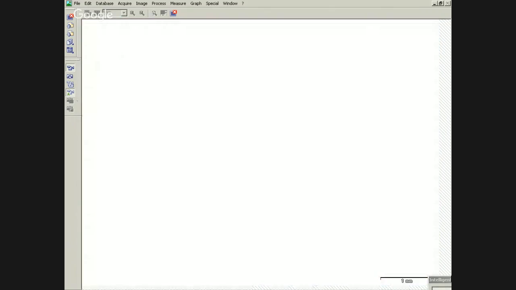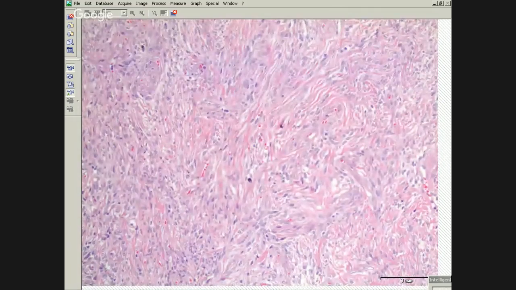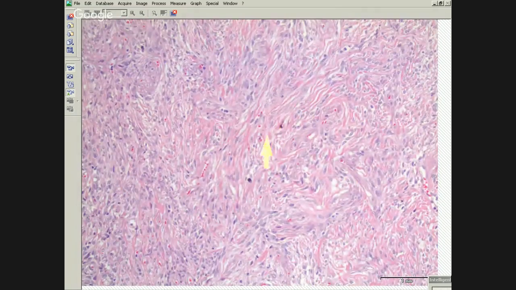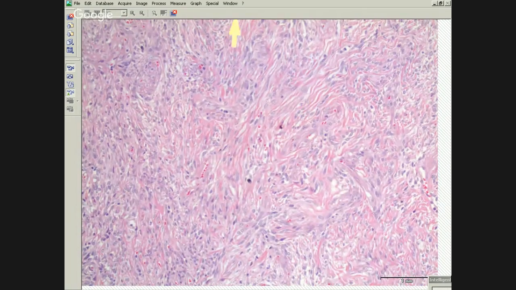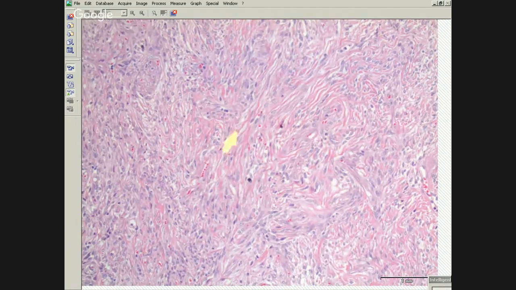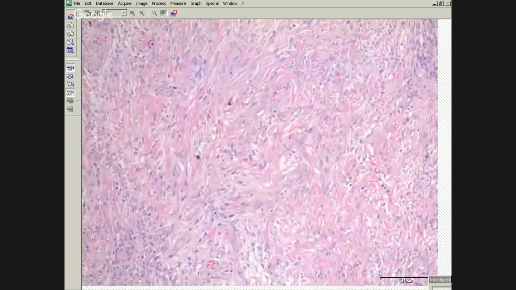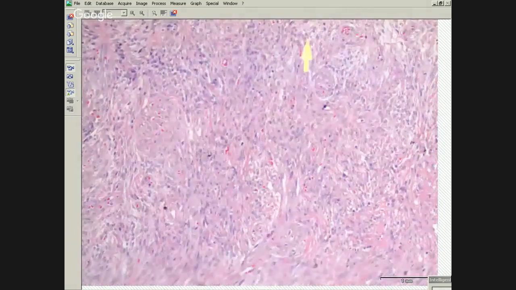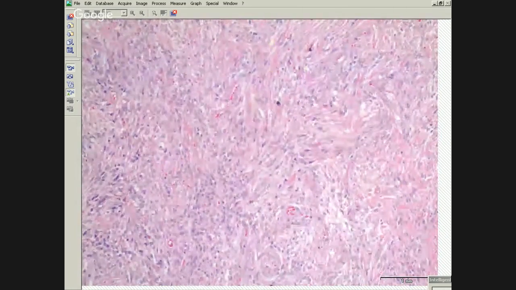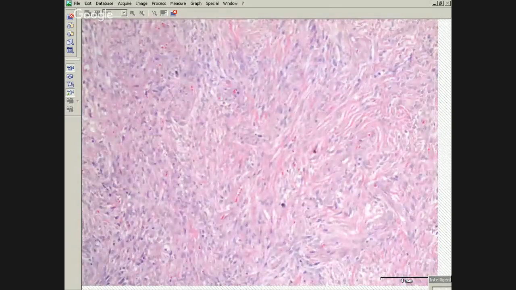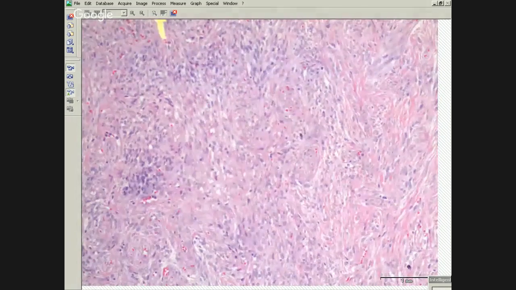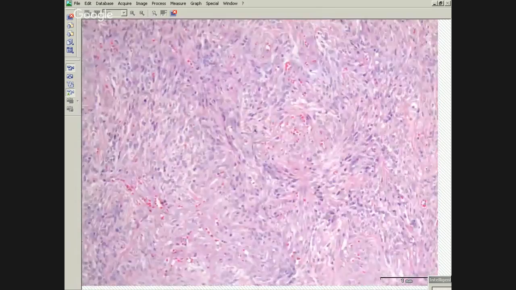Classic. This stuff here, this is SFT. Yes, this is an SFT. So we have spindle cells, variable cellularity, this ropey or wire-like collagen, very characteristic, cells in the so-called patternless pattern.